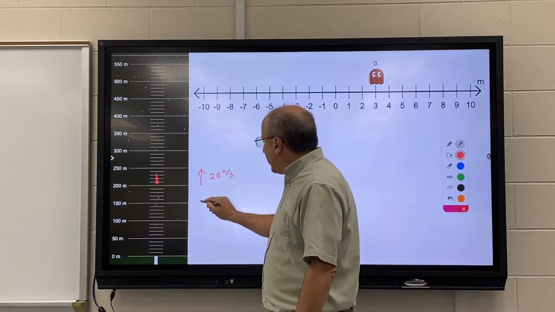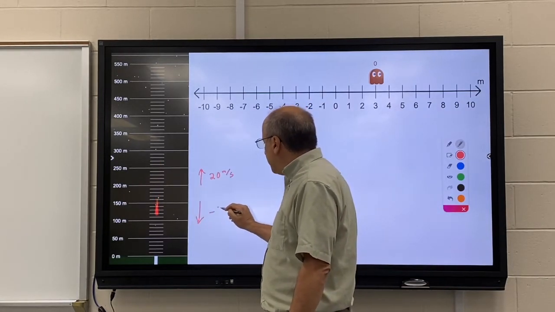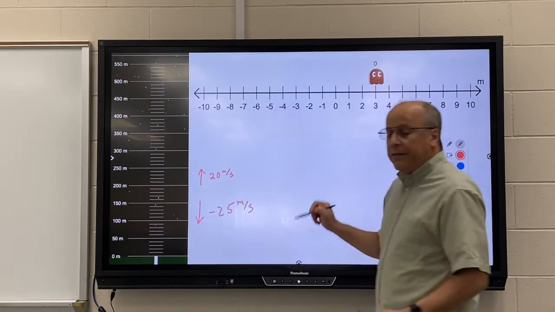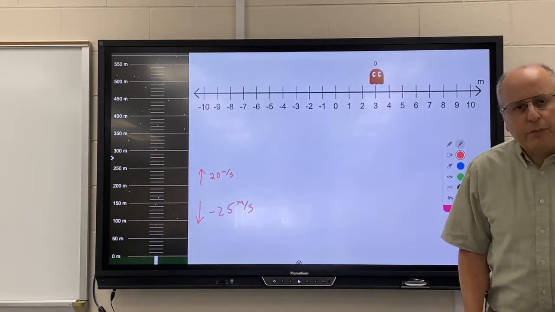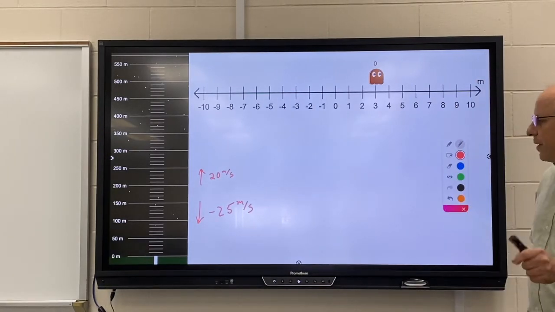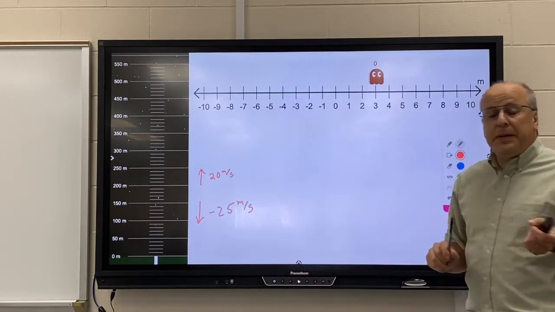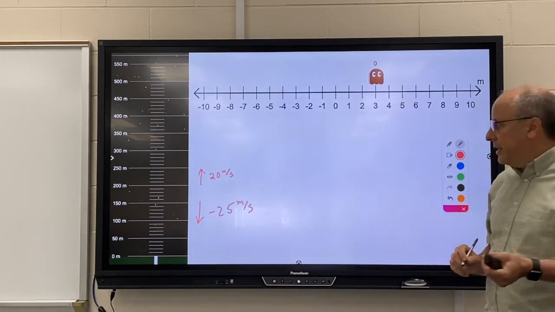On the way back down, you would say the speed is maybe 25 meters per second. Negative. So the very fact of putting a plus or minus in front of your number changes it from a speed to a velocity.